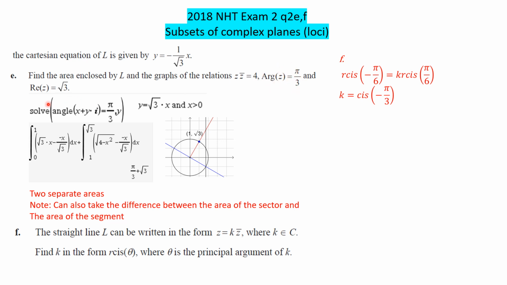You can go and solve for that line on CAS if you like, yeah? So y turned out to be root 3 of x, which is the red one. And the last thing, real z is root 3. So that is a vertical line, okay?